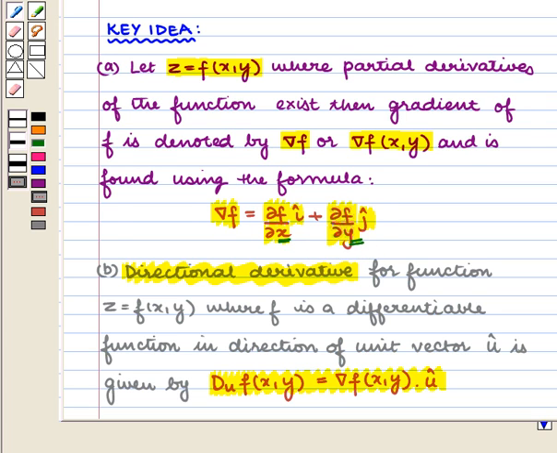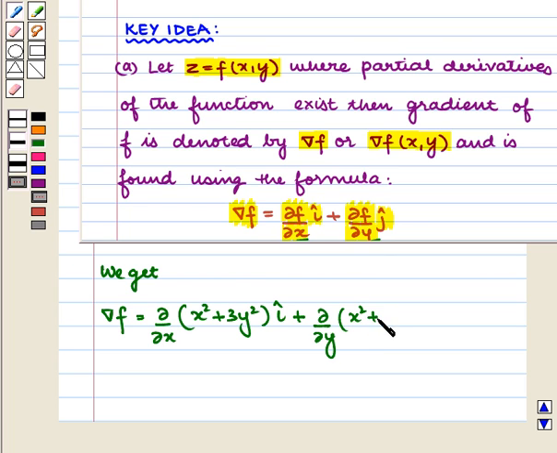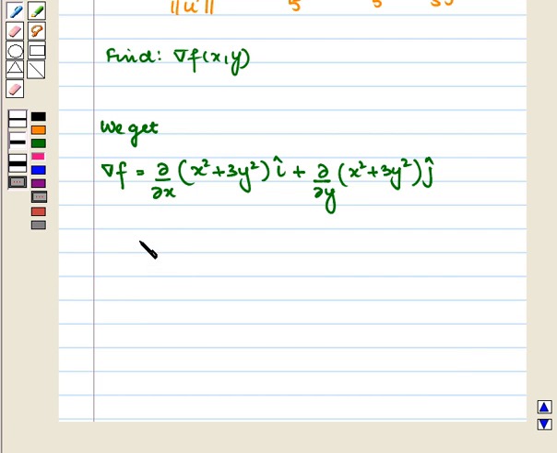In the formula, we get gradient of f is equal to del by del x of (x square plus 3y square) i cap plus del by del y of (x square plus 3y square) j cap, which is equal to 2x i cap plus 6y j cap.